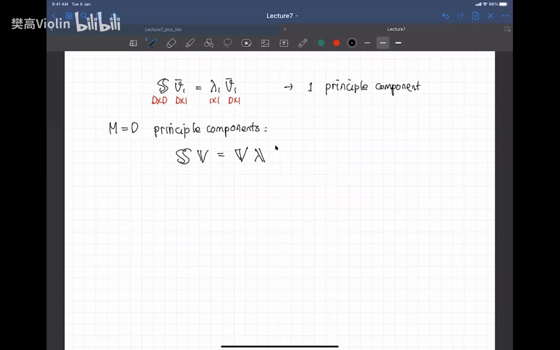So S is d by d, V is d by m, and lambda is m by m. But we know that m equals d, because we want to get all of the principal components, the maximum number of m. So to simplify the writing, I just put all d.